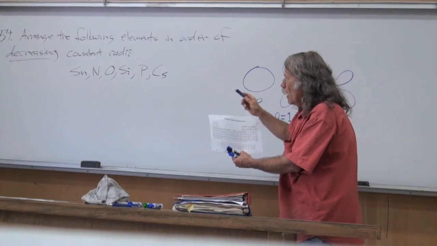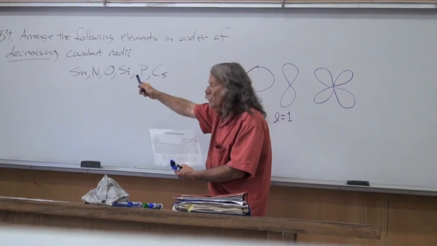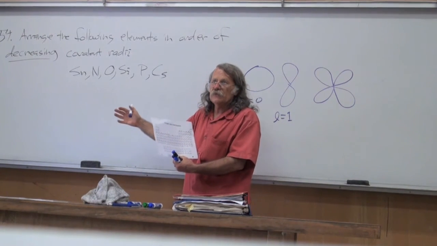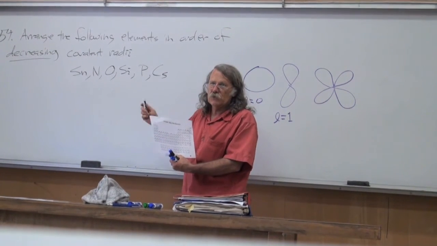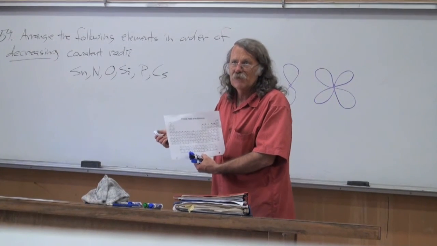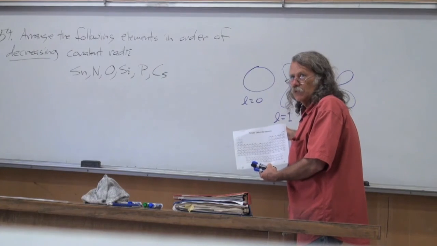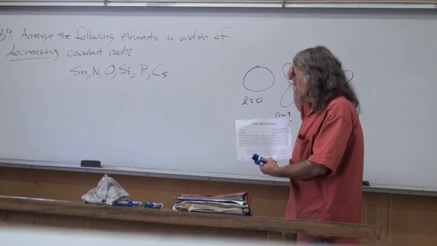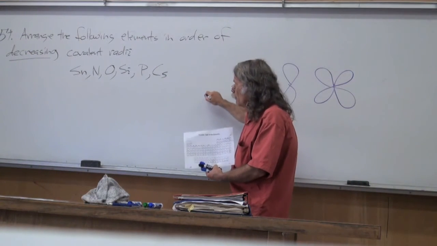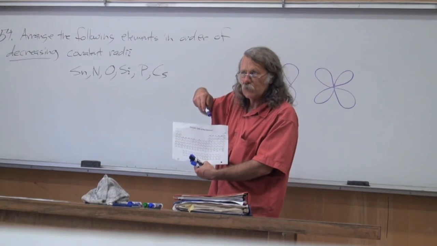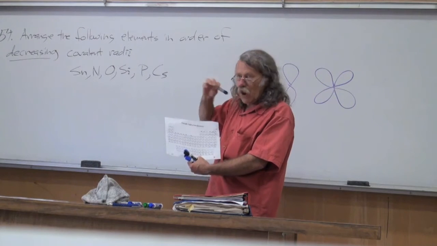So if I want to write this in order of decreasing covalent radii, which is going to be first? The biggest one. And it's going to be decreasing going across. So which end of the periodic table am I going to end up with? The top right.